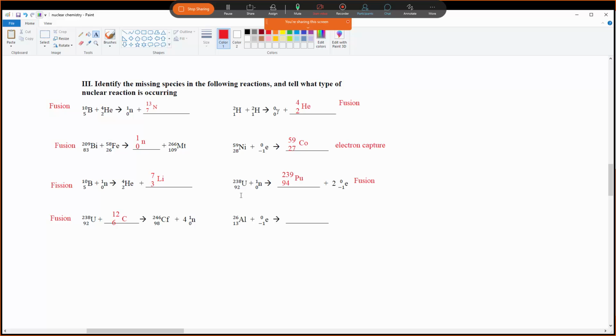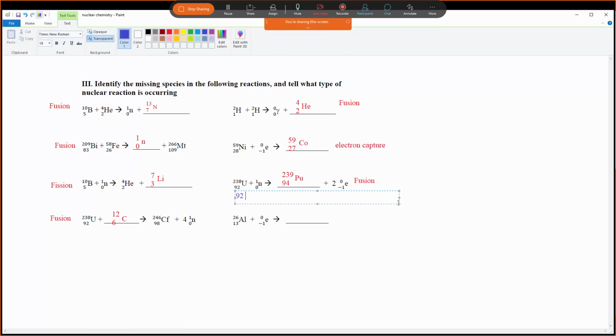Do the numbers not match? Did I miss something here? We should have, on this side, 92 plus 0 is equal to 94 plus, and this is going to be a 2 times a negative 1.